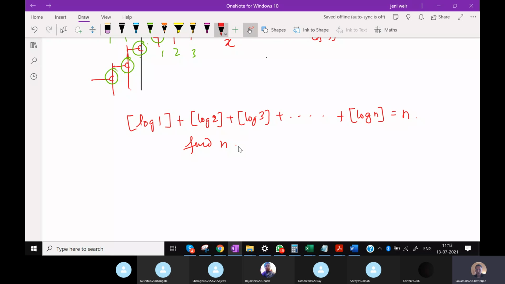So this is one simple application of this. So here you can see that it is talking about the box function, a sum of box functions.